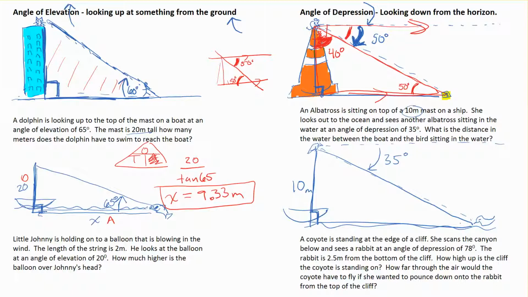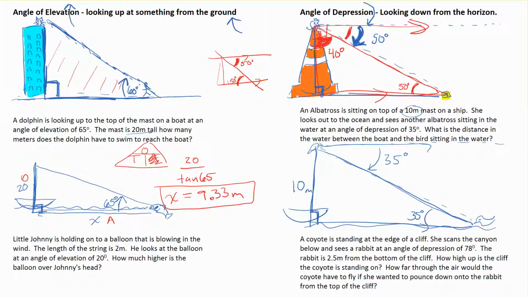So again, I can figure out this part of the triangle up here using 90 minus 35, or you can remember with alternate angles that these are two parallel lines, so that this should also be 35 degrees. So either way you want to do that. If you do the other one, 90 minus 35 is going to be 55 here. So this could be a 55-degree angle that you use to solve with, or the 35, but my recommendation is just pick one. If you put both in the diagram, it gets confusing for people.